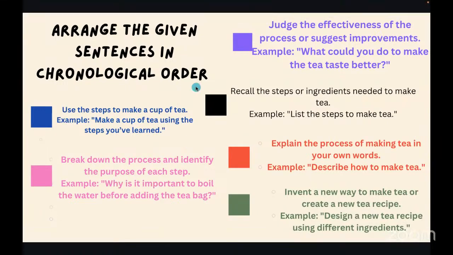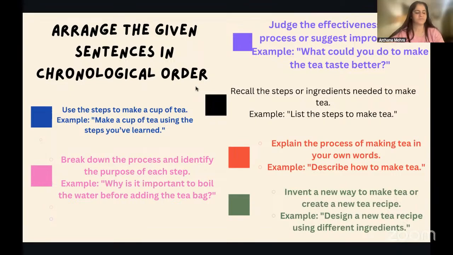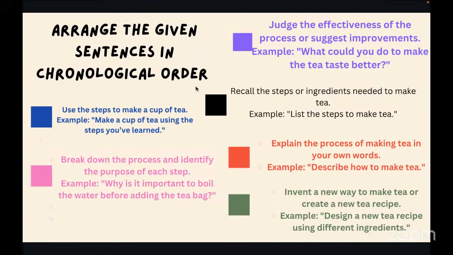In this, I think the black box goes first, the most basic level of learning, remembering, and then red, which explains the process, and then the blue uses the steps to make tea. Now they understand, they move to applying their knowledge by actually making tea.